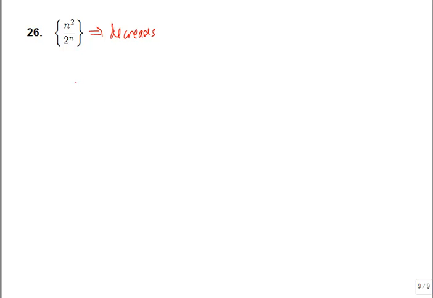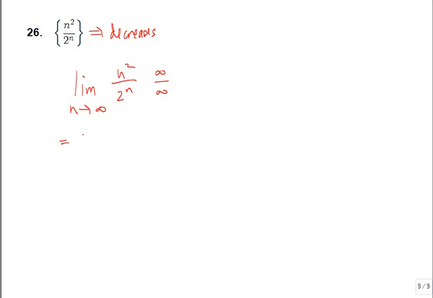and if we want to know whether or not it converges, we would initially want to try and find this limit. Now we couldn't find this limit directly in the last example because we had a factorial, and so L'Hopital's rule wouldn't work since we didn't have a derivative rule for factorials. Here we do have derivative rules for n squared and for 2 to the n. So if initially this is infinity squared, which is infinity, over 2 to the infinity, which is infinity, this fits L'Hopital's rule.